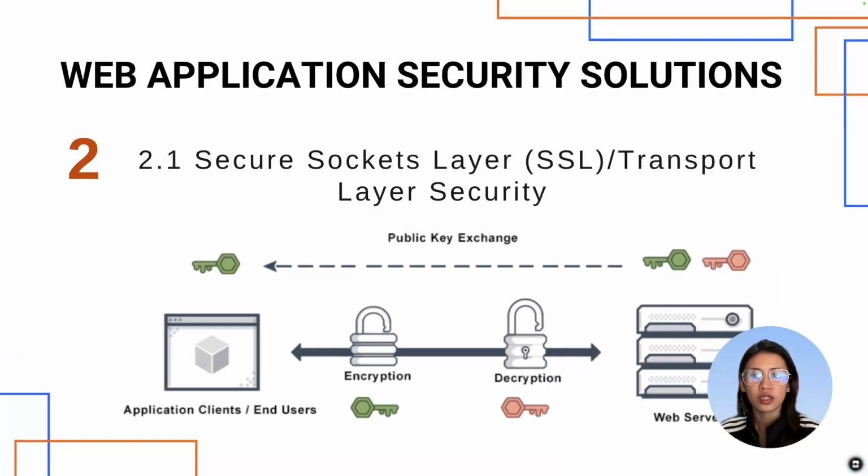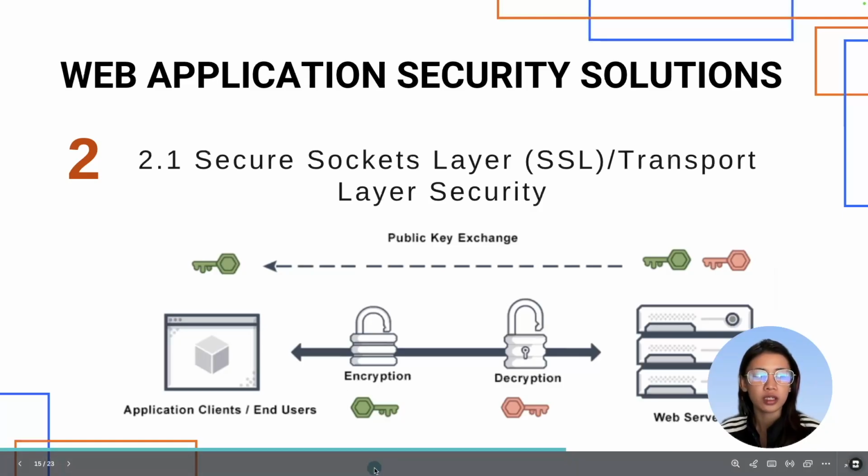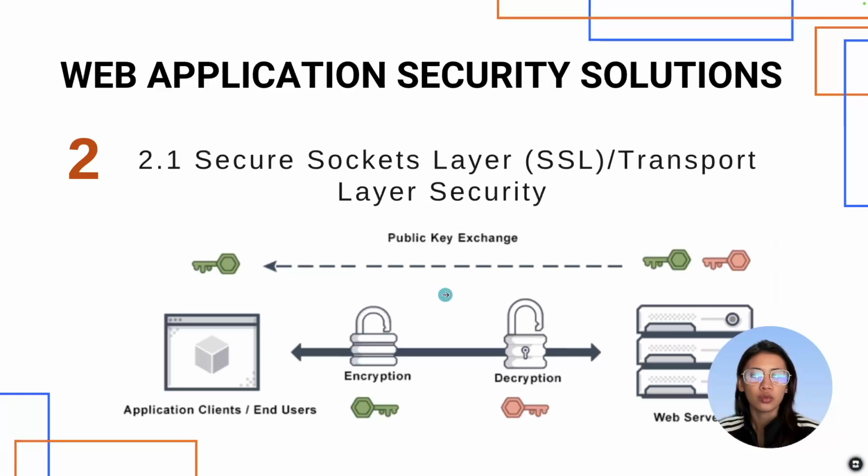So in this process, the server shares a public key with the client user, which is used to encrypt data before sending it over the internet. And then once the data reaches the server, it is decrypted using a private key that only the server possesses.